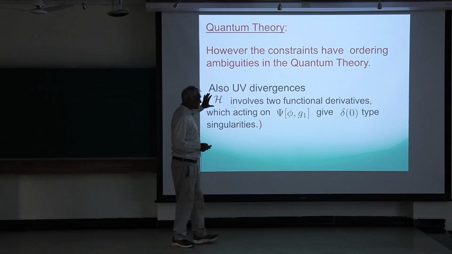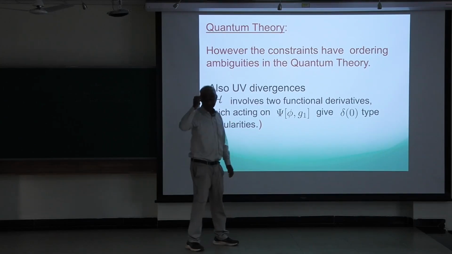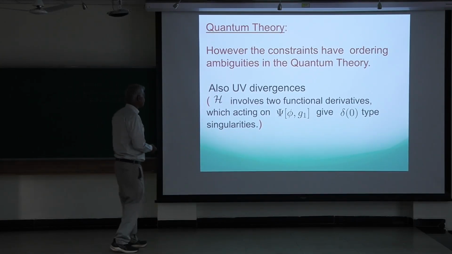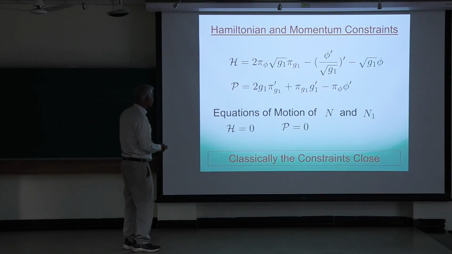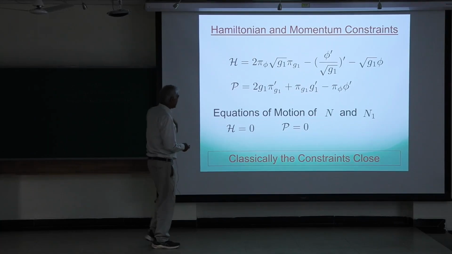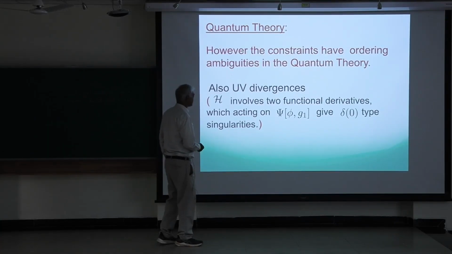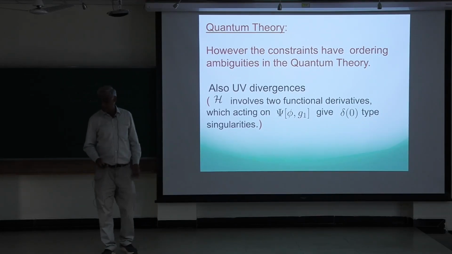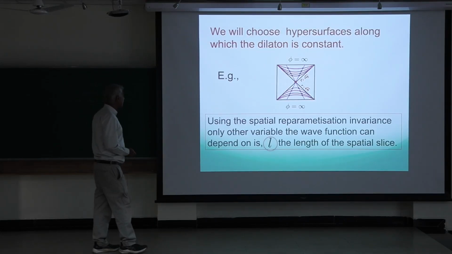These are of course much tamer than their higher dimensional counterparts, but they are still present in the Hamiltonian constraint, because it involves two momenta, therefore two functional derivatives, and at the end of the day that results in some kinds of singularities. So you have to deal with them as well as the ordering ambiguities, and what do you do?